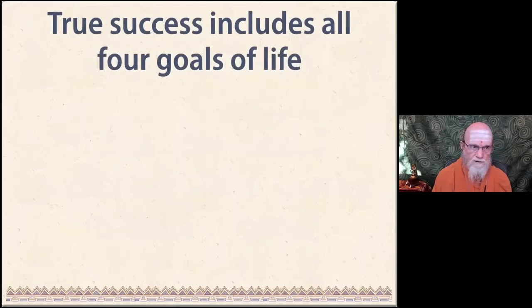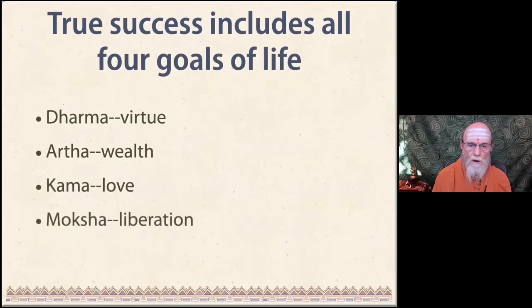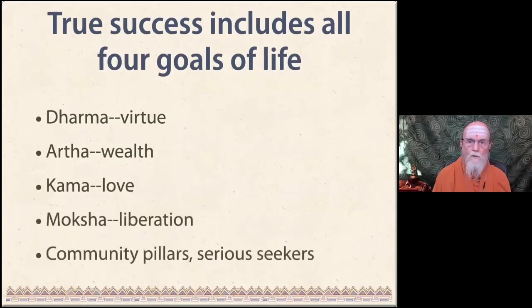So, to success, summary. 4 goals, of course. Don't need to read them. And then such individuals have developed good character and share their wealth with others, and thus are considered pillars of the community. So that's the goal.